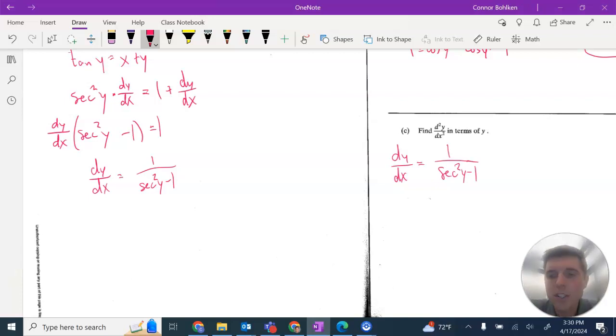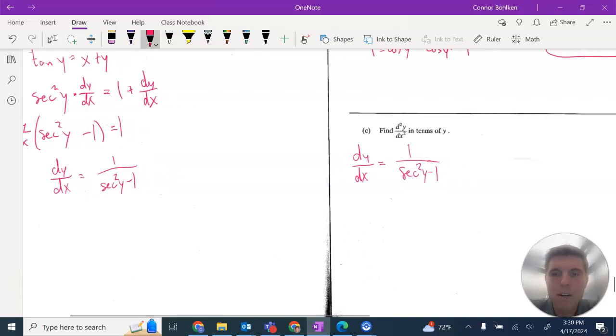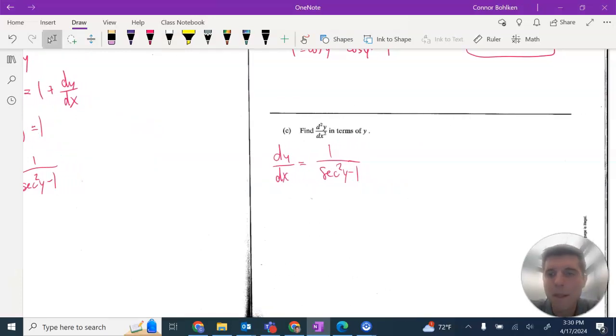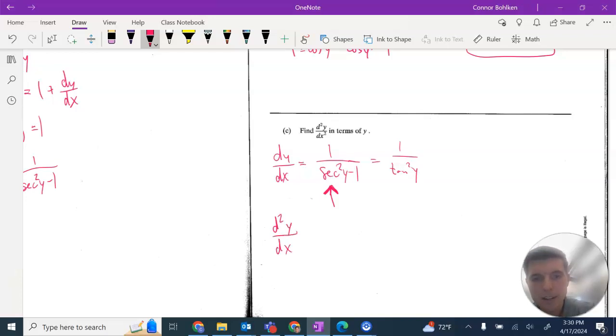You can totally just use the quotient rule here, but I do want to emphasize this is a Pythagorean identity, secant squared of y minus 1, so you can rewrite this as 1 over tangent squared of y. I'm going to use the quotient rule on this one because I don't think a lot of us would recognize that immediately. So again, we don't need to simplify.